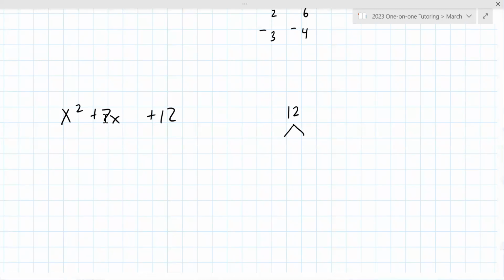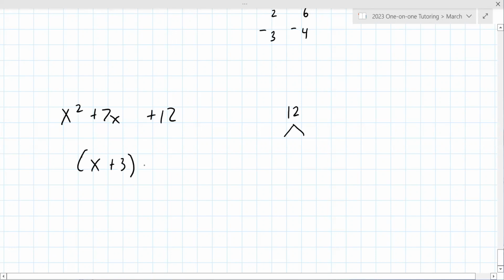This could be tough. 3 and 4. That's right. So it becomes x plus 3, x plus 4.